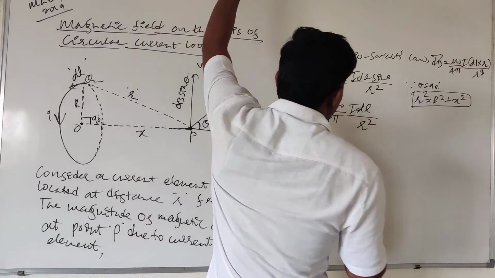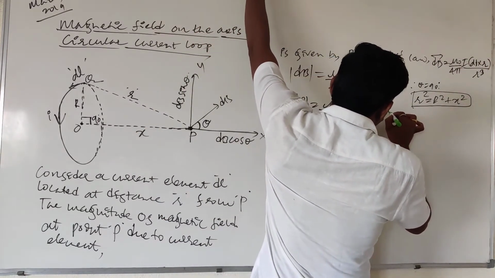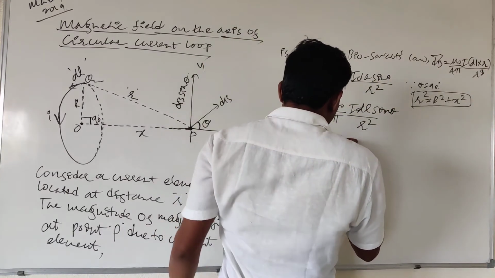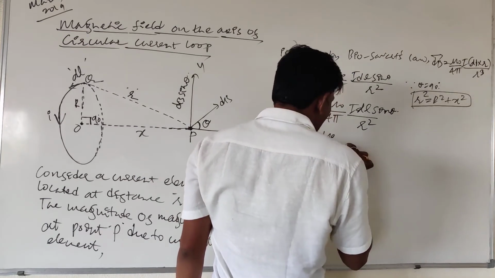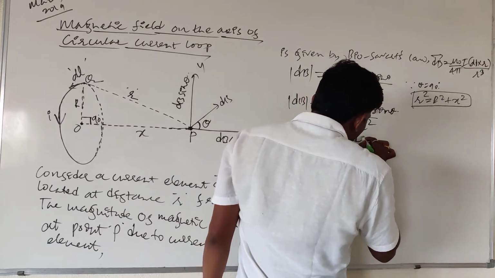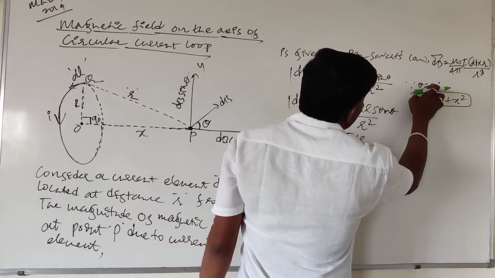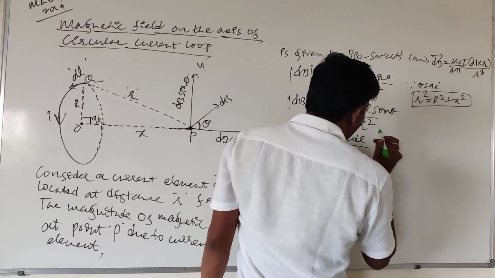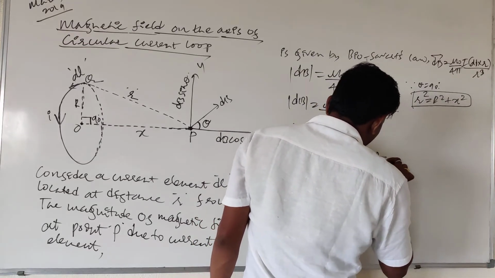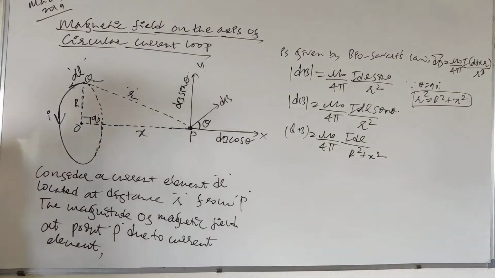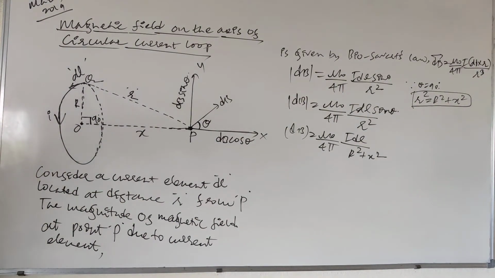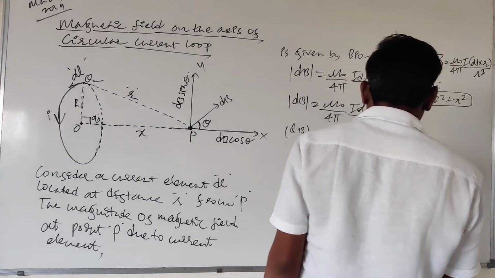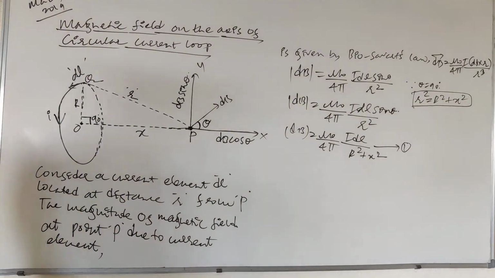So once again, sin theta: dB is equal to mu naught divided by 4 pi, I dl, sin 90 is equal to 1, divided by r square plus x square. Call this equation number 1.